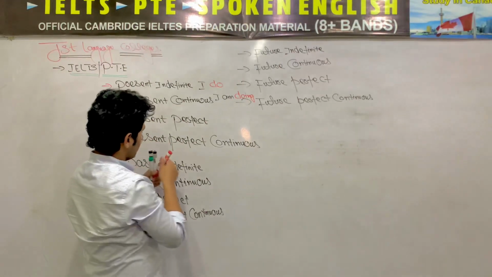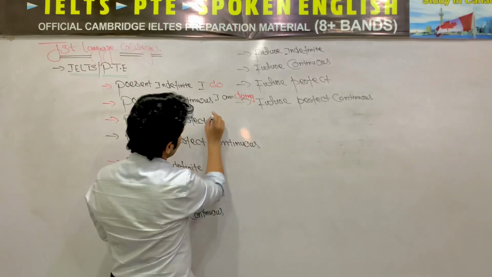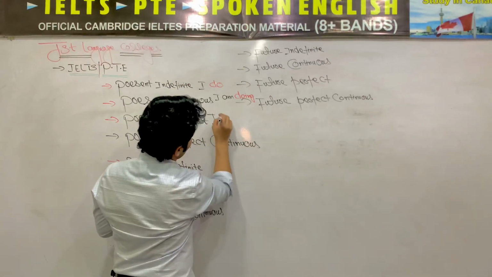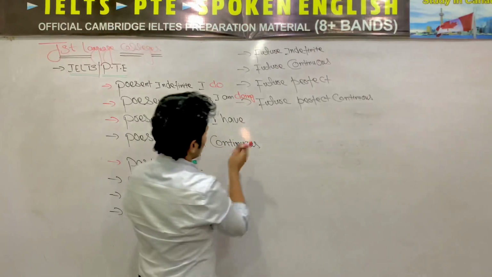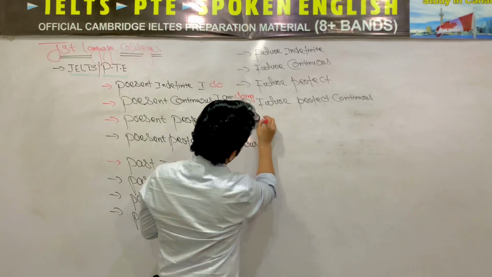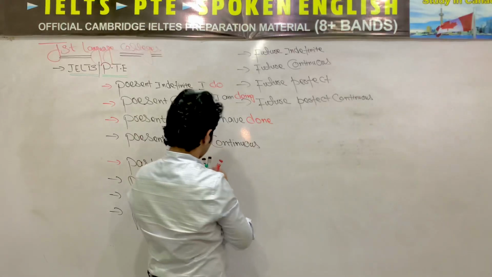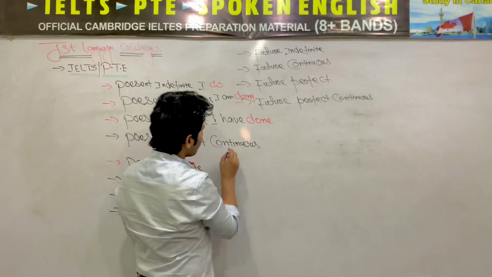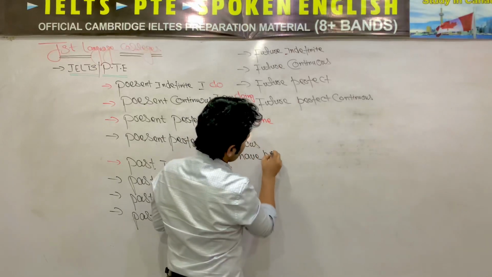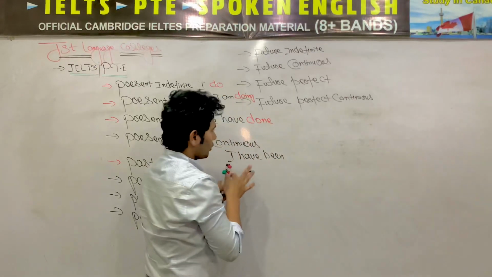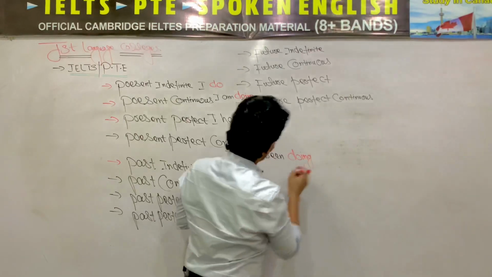In perfect, we use, for example, I have done. In present perfect continuous, we use I have been doing.